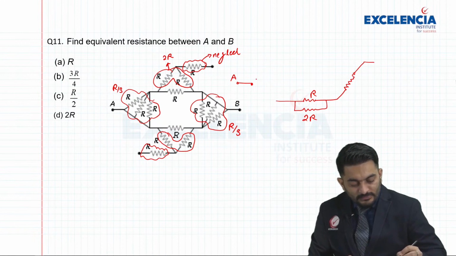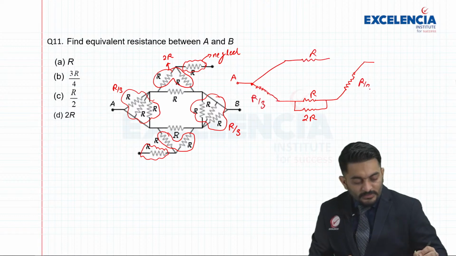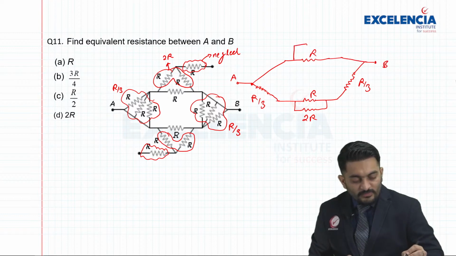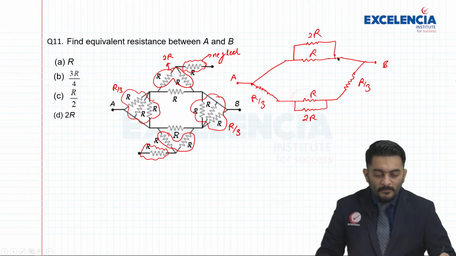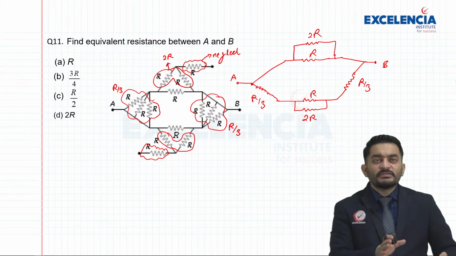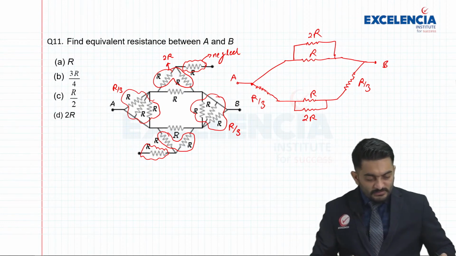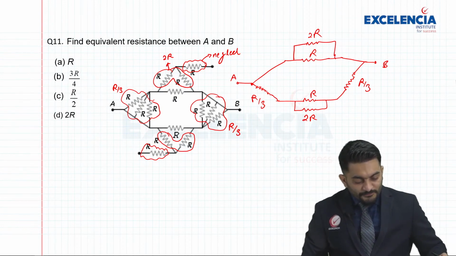This is R by 3, this is R by 3. Point B, and this, you have already concluded, is 2R. Okay. The circuit looks a bit simple to me now.